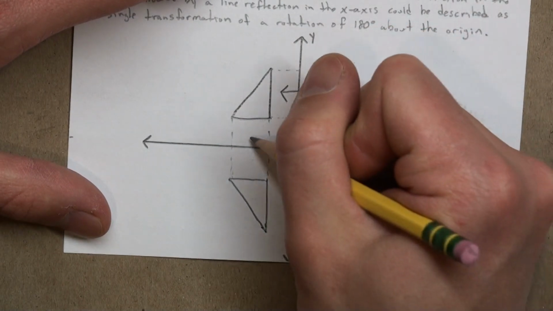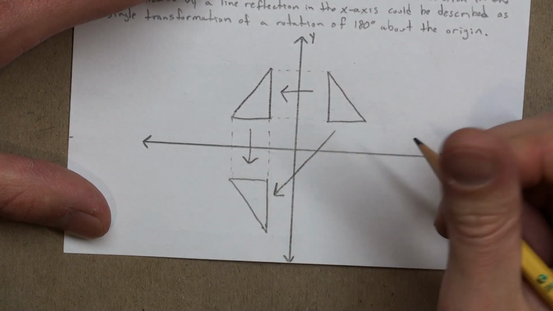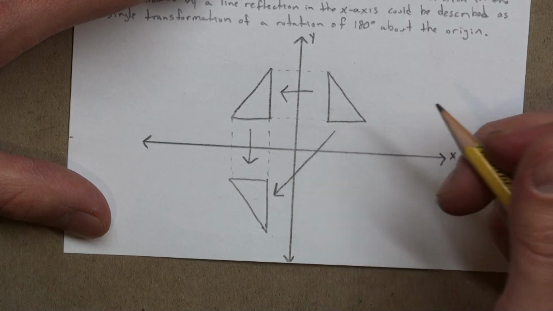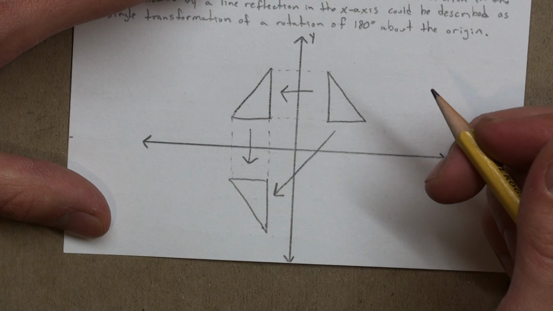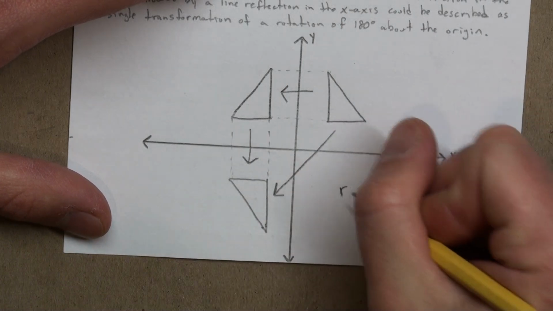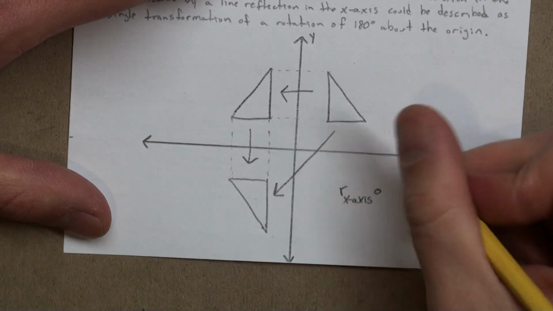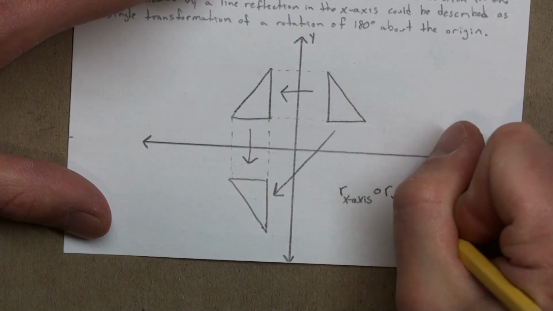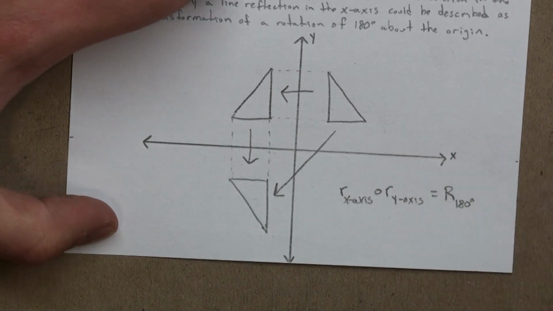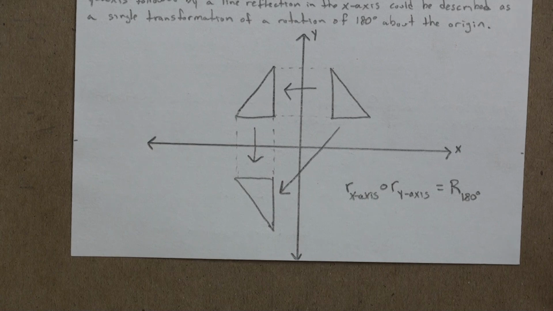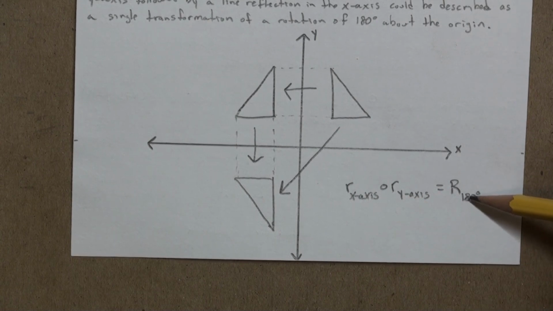So you can go this way and then this way, or you can just go straight that way, which would be a rotation of 180 degrees. So a reflection in the x-axis that follows a reflection in the y-axis is equal to a rotation of 180 degrees. So that's an example of how you can replace a composition of transformations with one transformation.